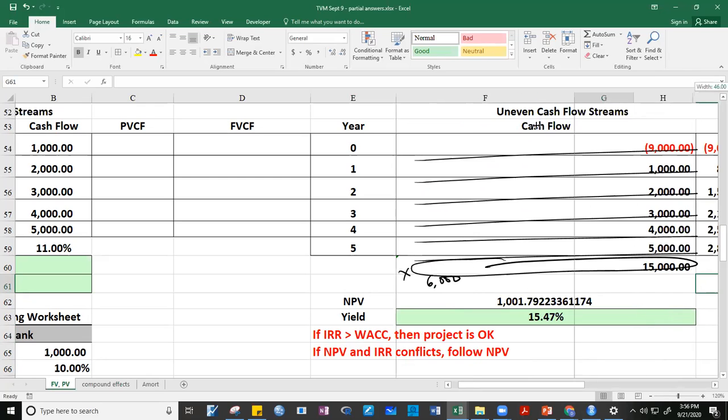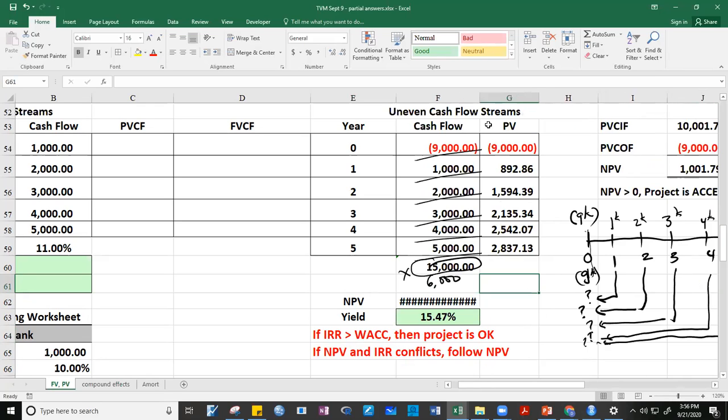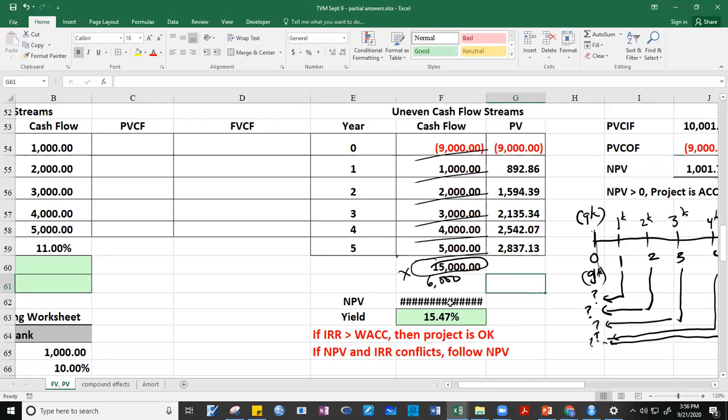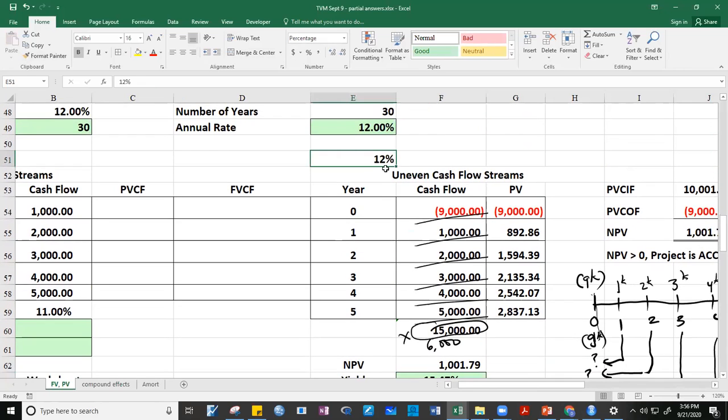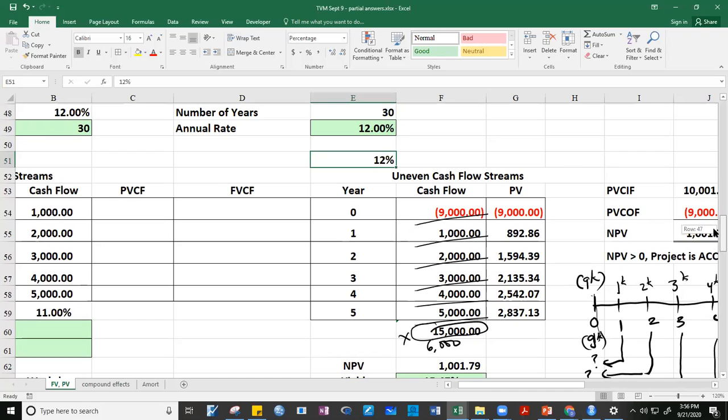Tapos, ang ginawa natin, nakuha natin na, wait lang. Copy natin yung format para, okay. So, as I was saying here, the yield or the IRR is 15.47% and it's greater than your WACC, yung 12% yung ginamit natin na weighted average cost of capital.